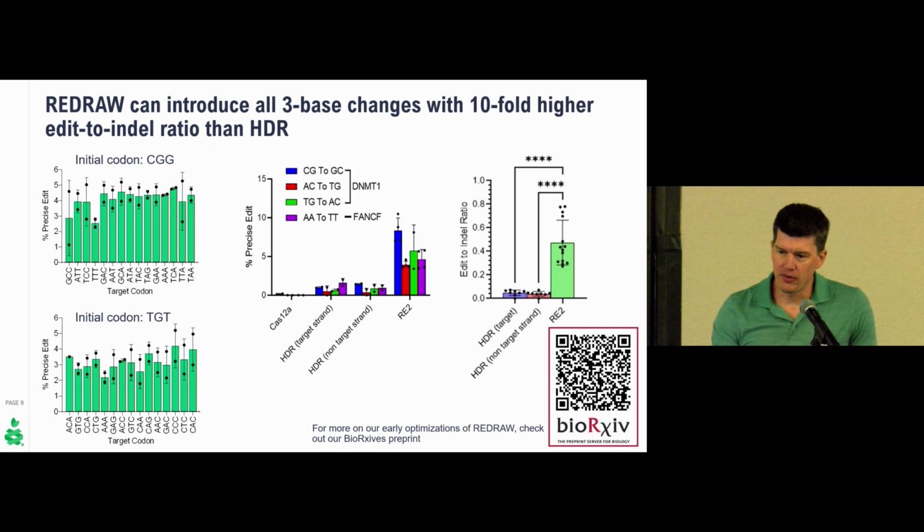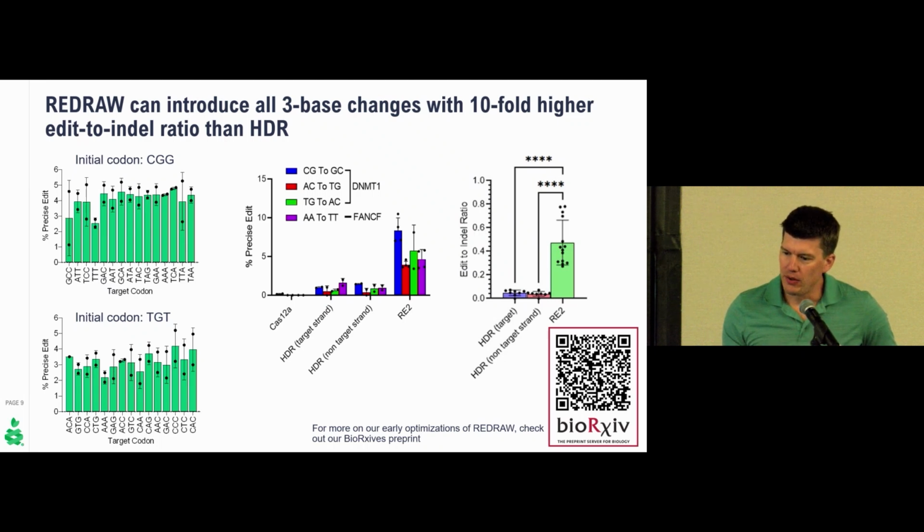When you start with a certain codon, you can change it to any other codon sequence or motif. And that's obviously important because you can start thinking about doing saturating mutagenesis at amino acid positions for trait optimization. Or if you're doing disease biology, you could really explore that as well.